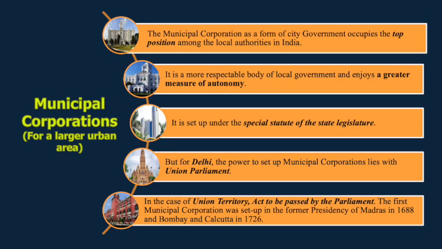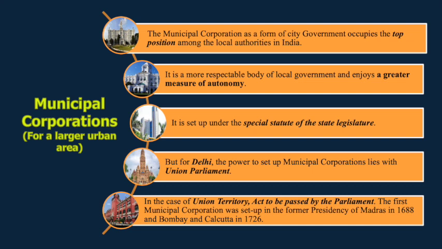This municipal corporation stands first, which means the topmost authority in the local body, which enjoys its own autonomy, the greatest autonomy when compared to other local bodies. This municipal corporation has a special statute available from the state government. Each and every state has their own statute.